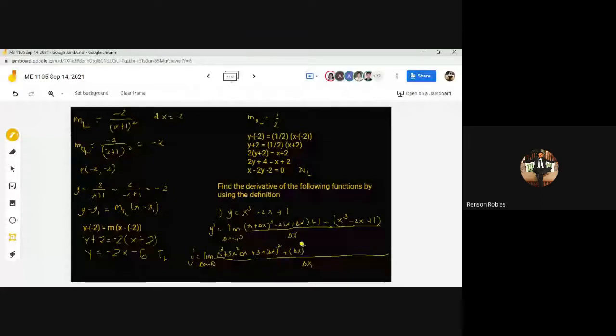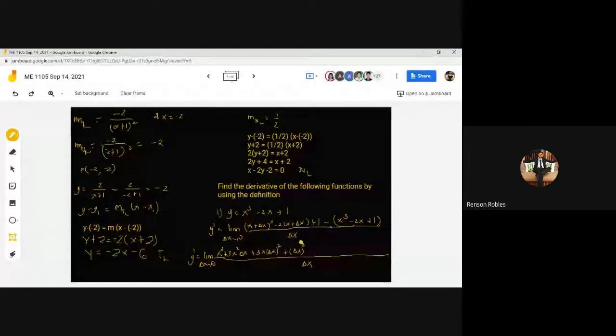That's the expanded version of x plus delta x cube. One more: cube of the first plus thrice the product of the square of the first and the second plus thrice the product of the first and the square of the second plus cube of the second.